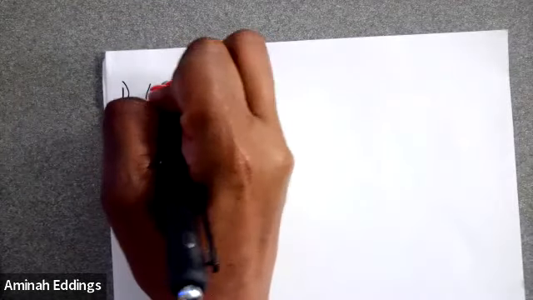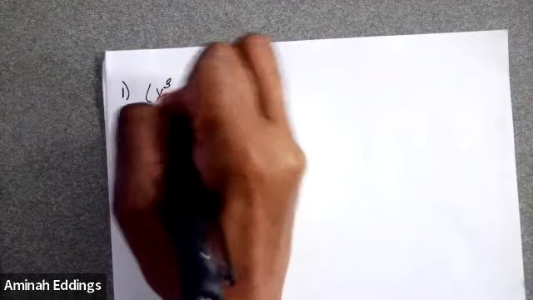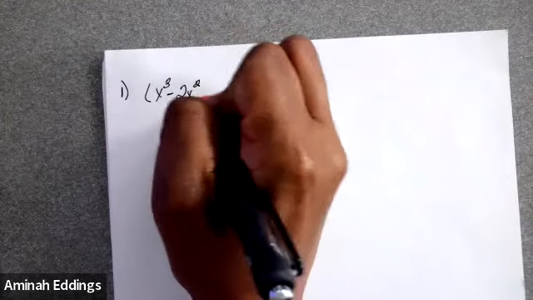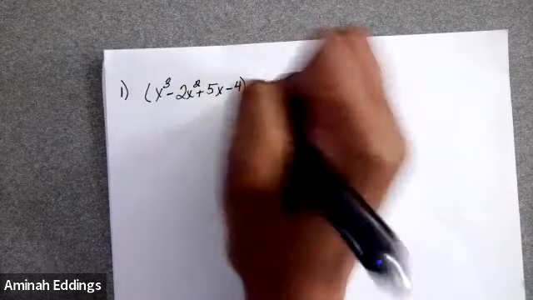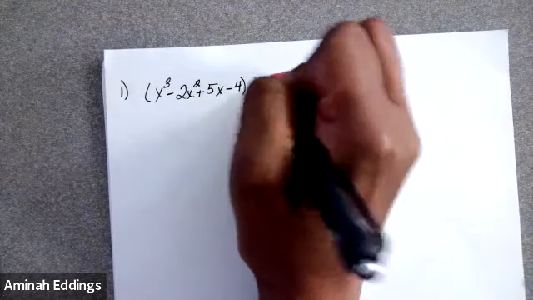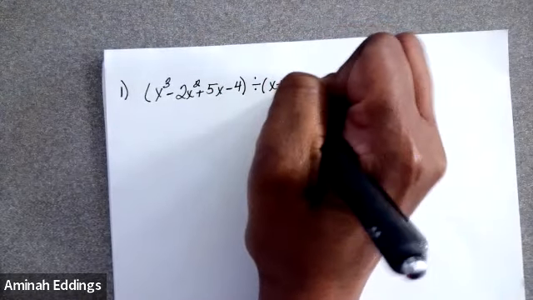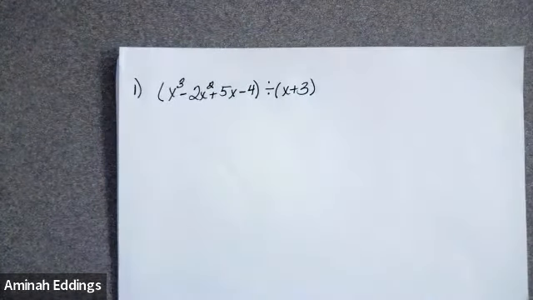Our first example this evening is going to be x cubed minus 2x squared plus 5x minus 4 divided by x plus 3. Okay.